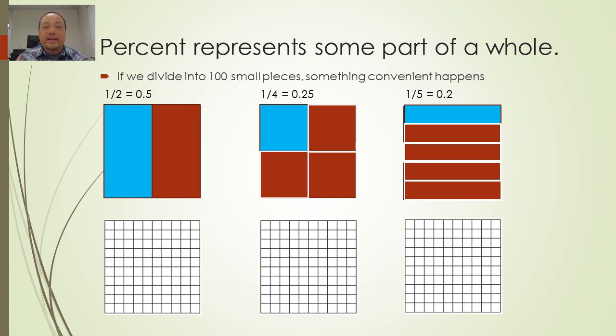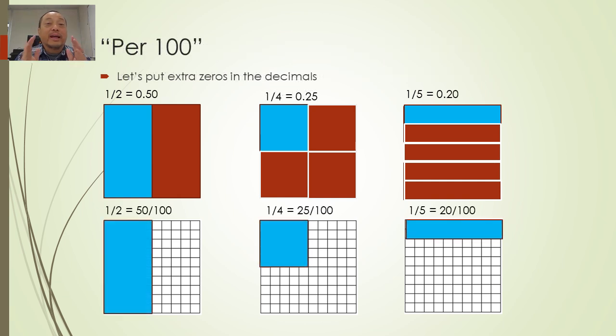All right, we take a cake and we subdivide it into 100 small pieces. Let's try to make the same fractions on these subdivisions. If we take half of 100 small pieces, we get 50 out of 100. A quarter of them, 25 out of 100. 1/5 of them, 20 out of 100.